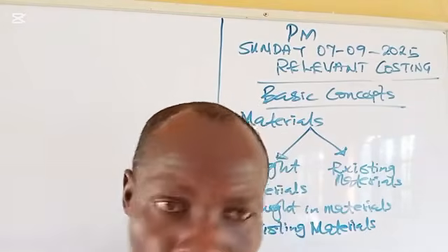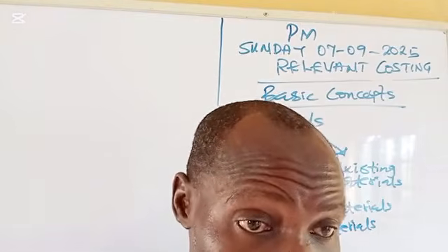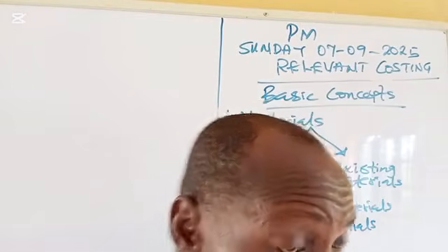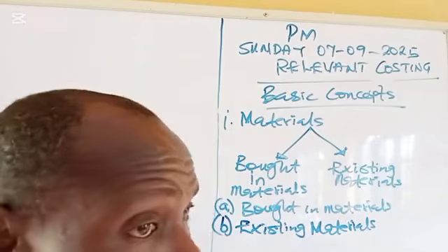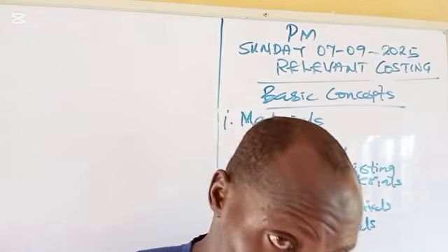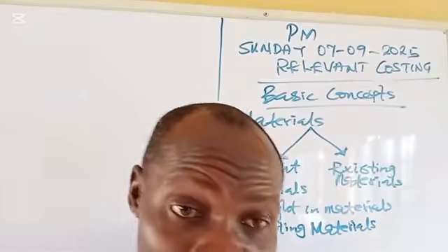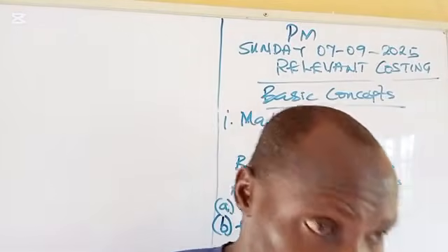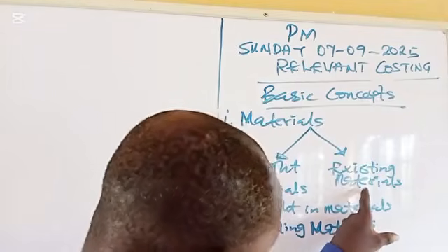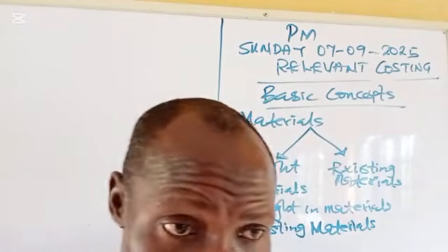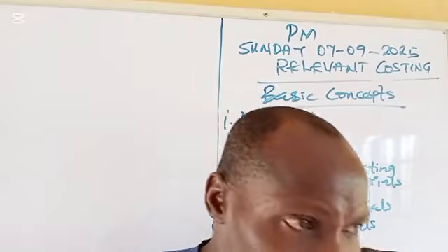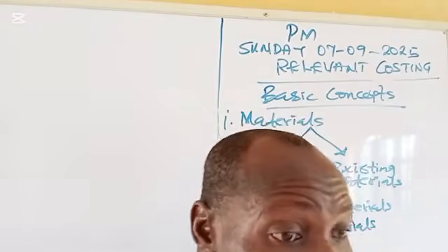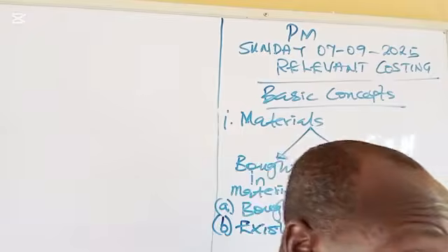Don't forget, we said relevant costs are what? Future costs. Future cash flows. That's why we said differential future cash flows. If the materials we are looking at here have been bought sometime in the past, that means the costs associated with those materials are what?